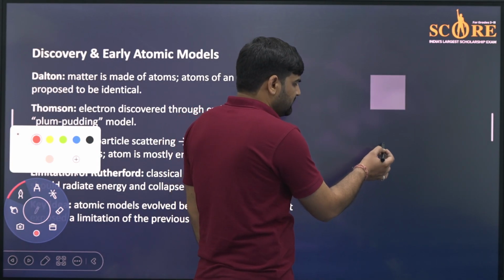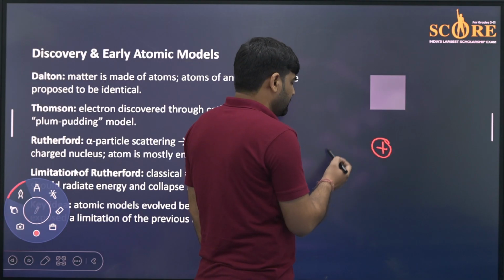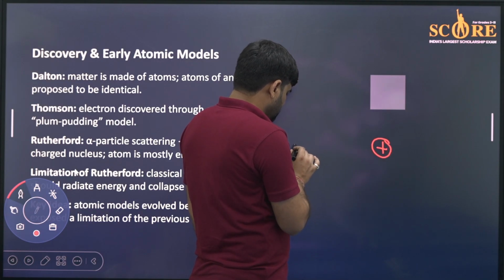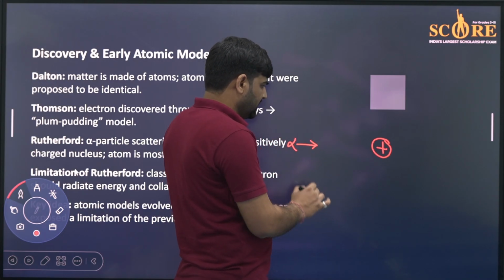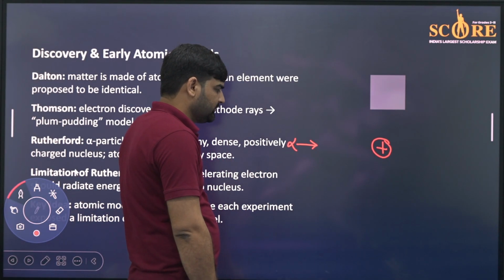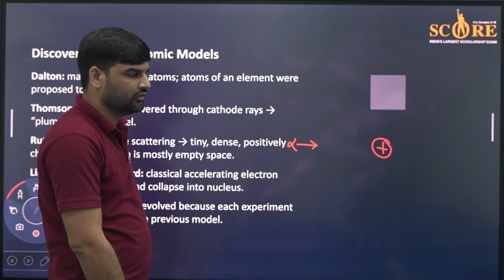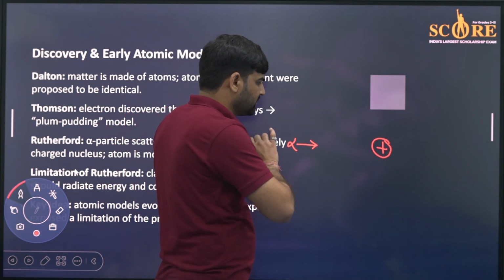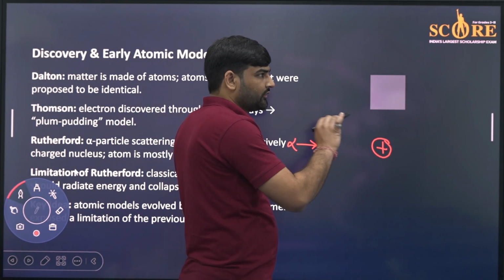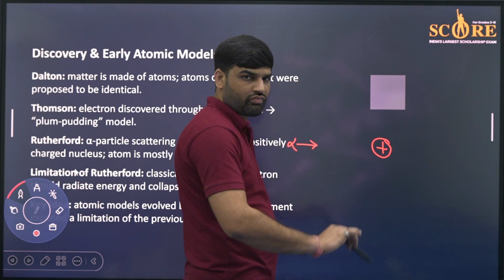In this case, Rutherford takes alpha particles and gold foil, and alpha particles are projected, colliding with the foil.